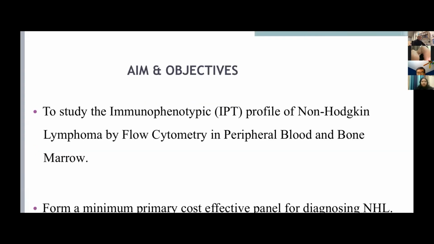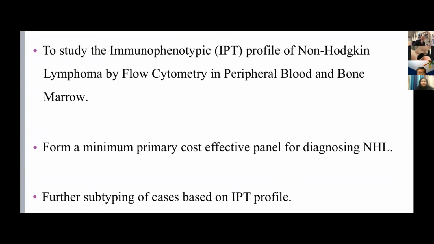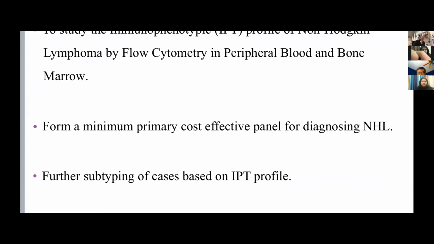Keeping in view these advantages of flow cytometry, the aim and objectives of our study were to study the IPT profile of non-Hodgkin lymphomas by flow cytometry in peripheral blood and bone marrow, and to form a minimum primary cost-effective panel for diagnosing NHL. Because in India, as we all know, not everybody is financially stable enough to perform highly costly tests like ancillary studies, including molecular studies.